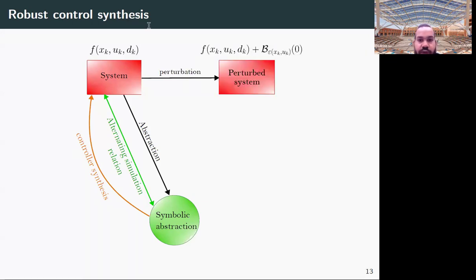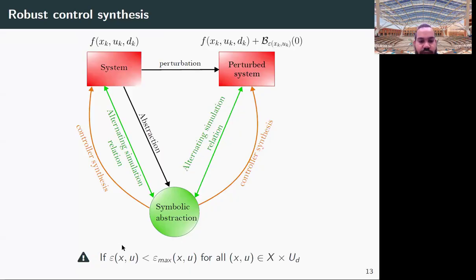Now we consider a perturbed system, which is near to the physical reality of models. For this perturbed system, we have one condition.